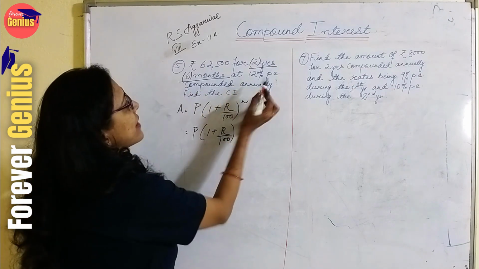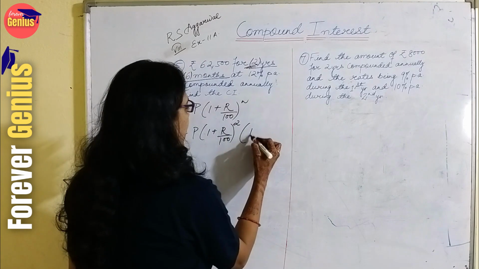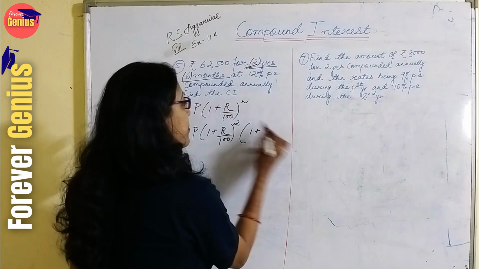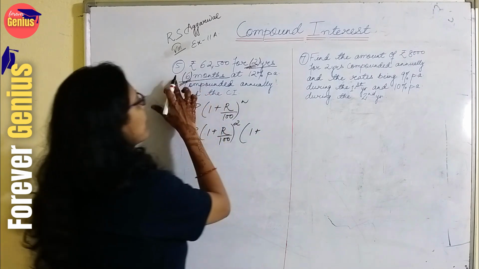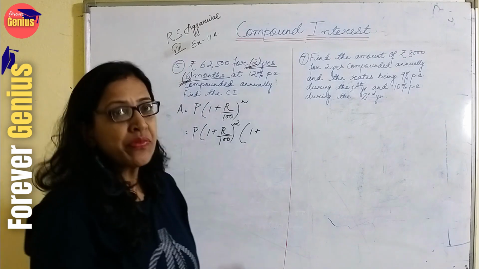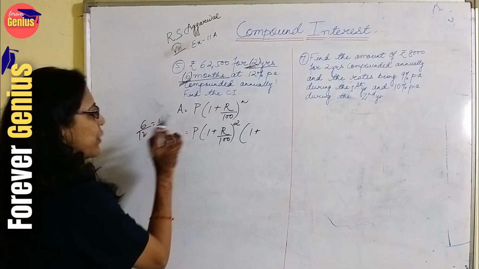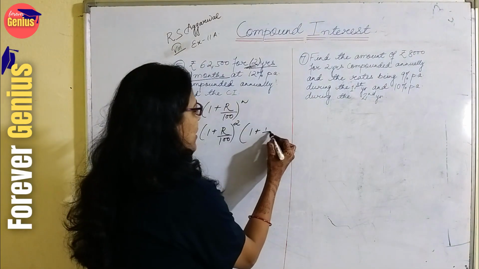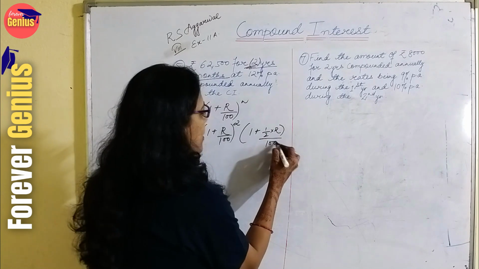So here complete years is how much? It is 2 years. So we will write 2 into 1 plus, now this months we will write as a fraction. If it is 6 months, what would be the fraction? It would be 6 by 12, that is equals to 1 by 2. So I will use the fraction 1 by 2 into R divided by 100.